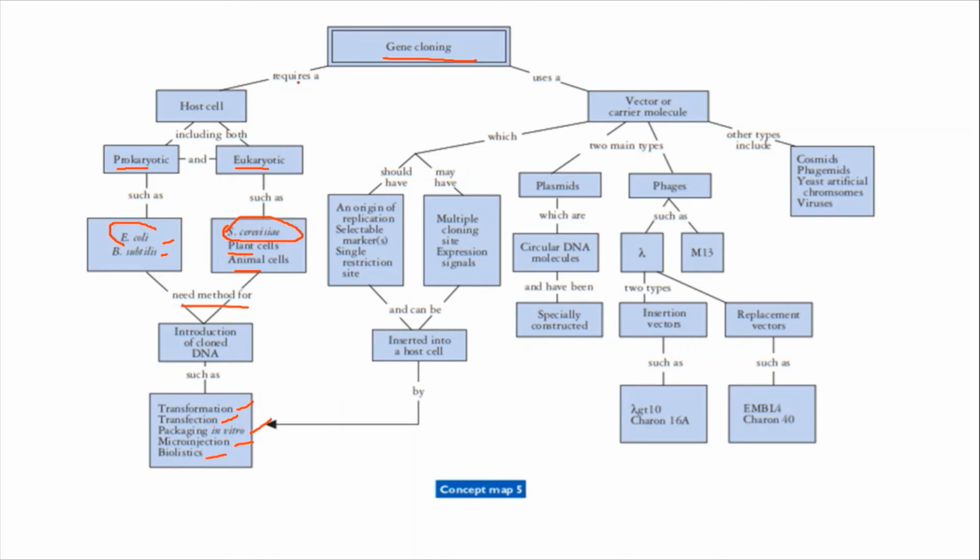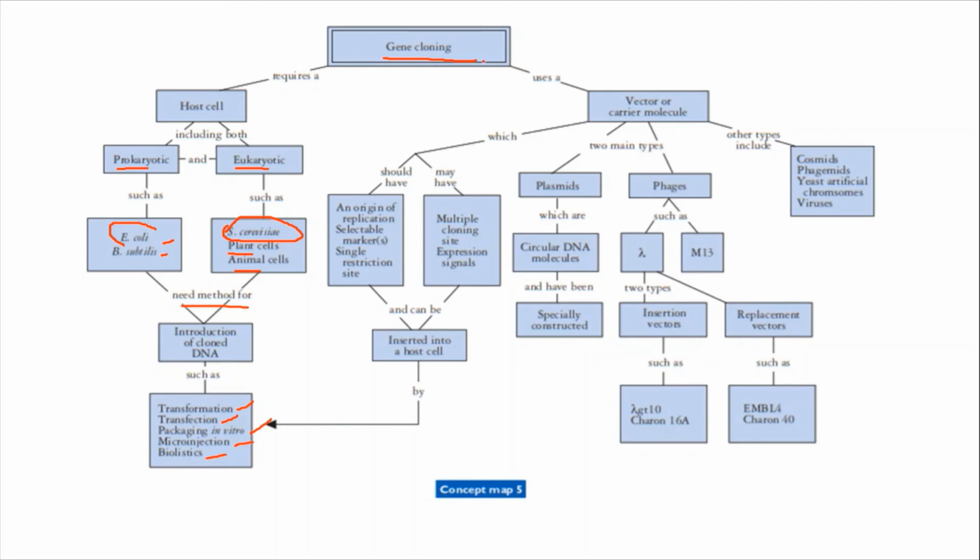Okay, come to here. Cloning uses a vector. A vector is a carrier molecule. First, it should have an origin of replication, essential. Selectable markers essential. Restriction sites essential. Without these characteristics, it is not considered a vector.